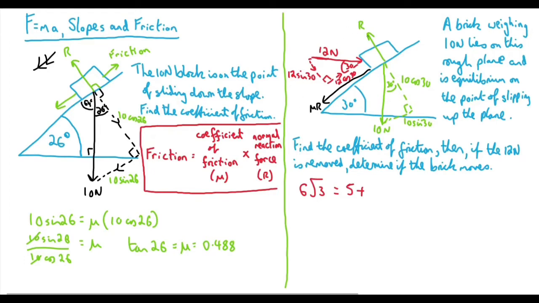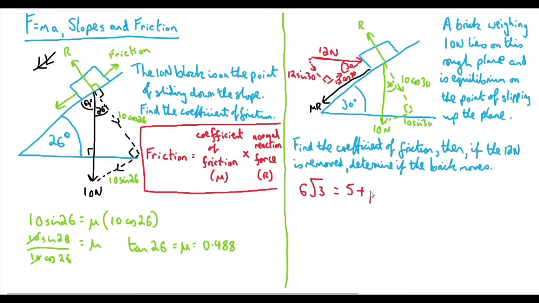Now, for your reaction force here, we're going to have not only this 10 cos 30 going downwards, but also this component of the 12 Newton force. Both of these are acting to push the block into the slope. So if the reaction force is looking to balance in the perpendicular, it must equal the sum of those two.